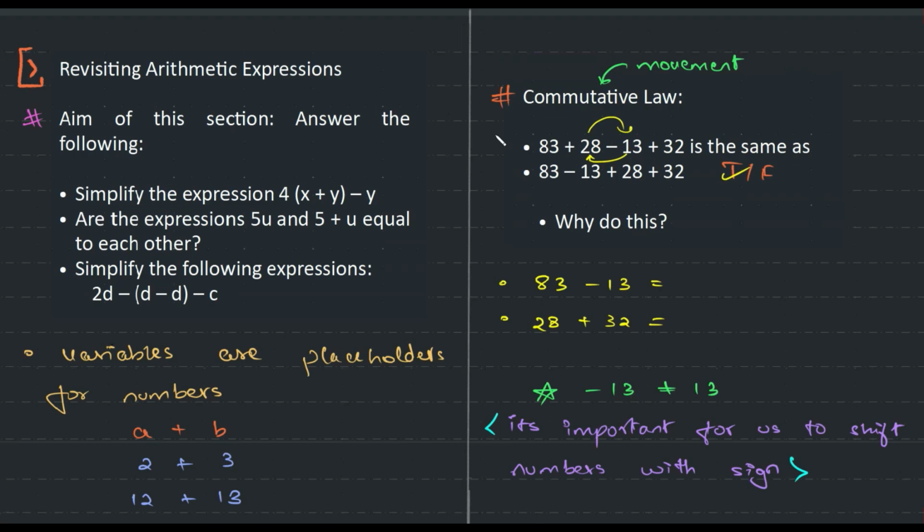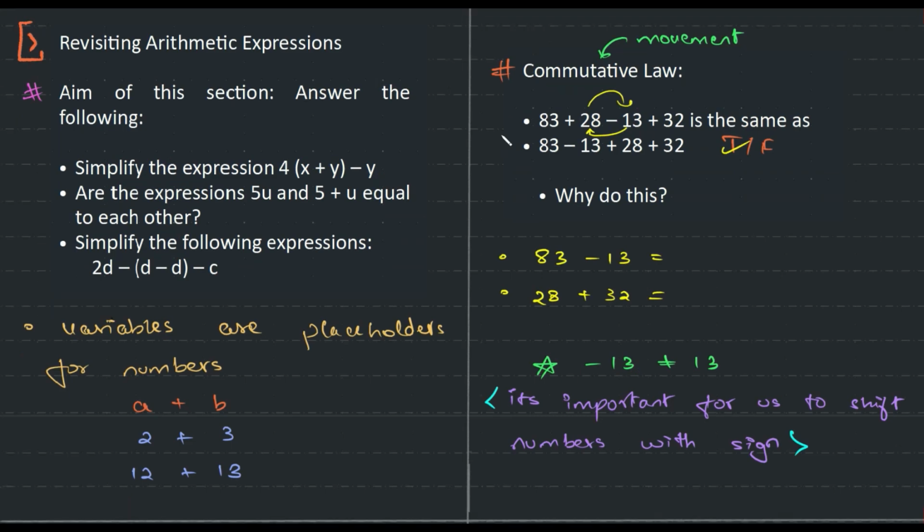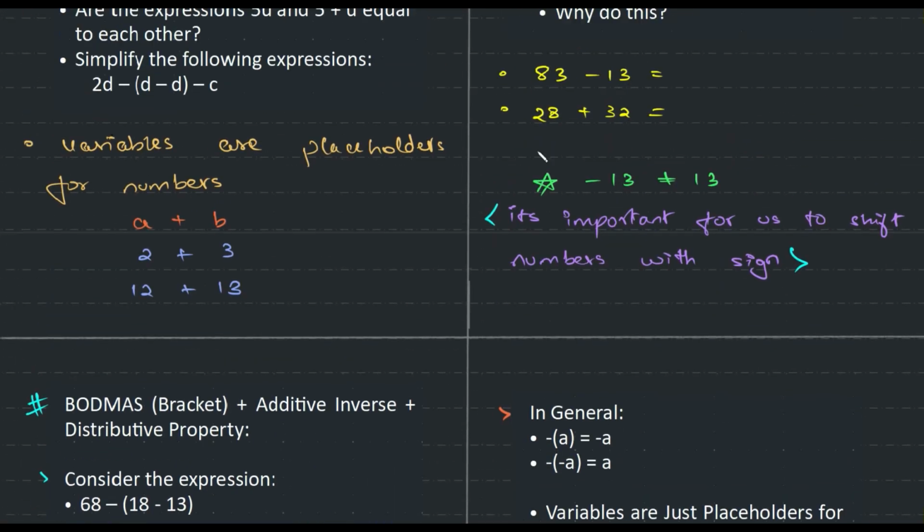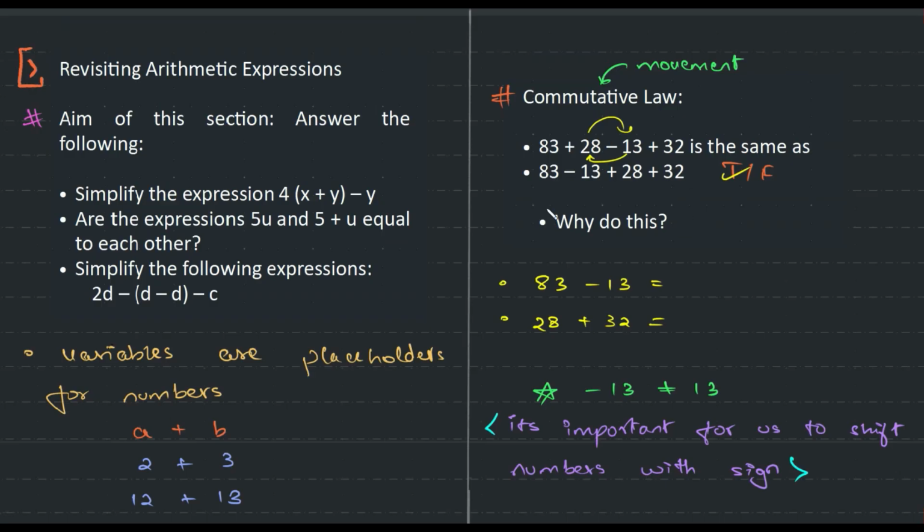So what are we doing here? We are revisiting two things, the commutative law and the distributive law. The commutative law tells us that you can shift around numbers, then use addition, subtraction, multiplication, division, and so on, and then find the result.